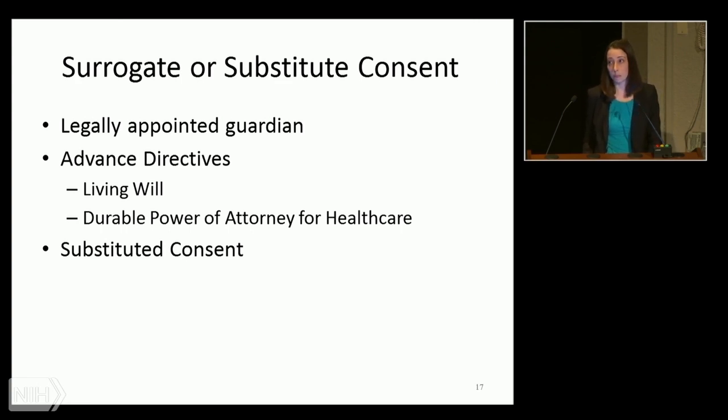Usually there's an attorney representing the person who is being questioned in terms of their capacity. And then the court makes a decision about whether or not that person, which we call in the legal world the ward, if it's deemed that they don't have capacity, is able to make certain legal decisions on their own or not.